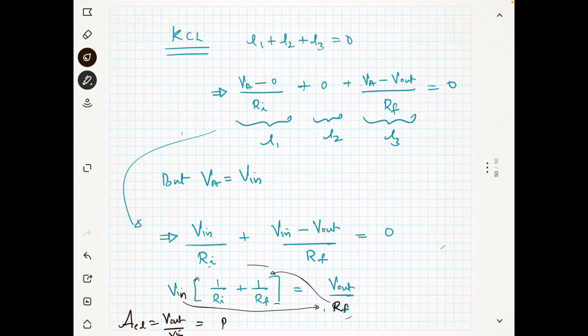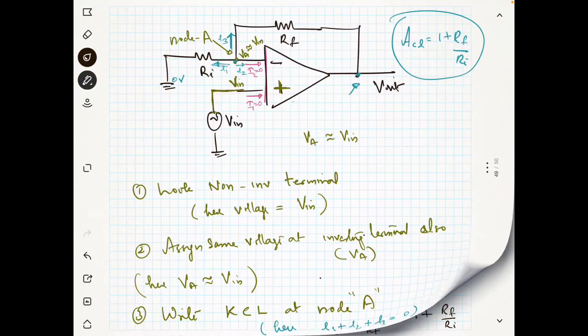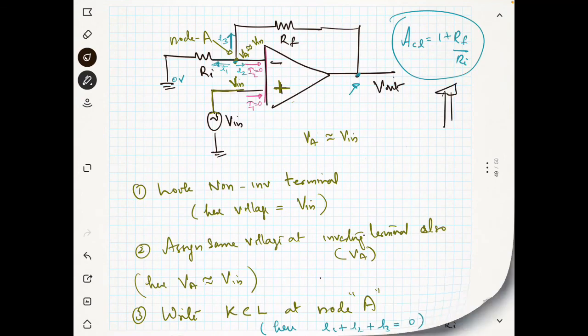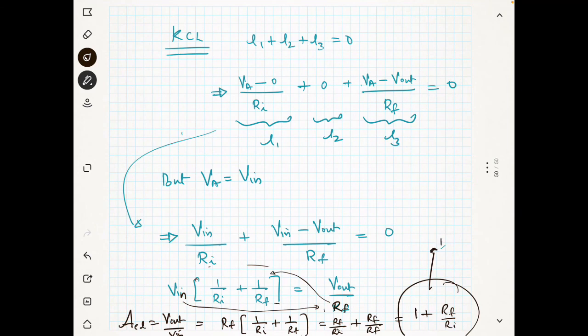This becomes Rf into 1 by Ri plus 1 by Rf. If you multiply this, it becomes Rf by Ri plus Rf by Rf. Rf by Rf is 1, and Rf by Ri stays as it is. So the closed loop gain is 1 plus Rf by Ri, which is the same answer. So this is your closed loop gain.